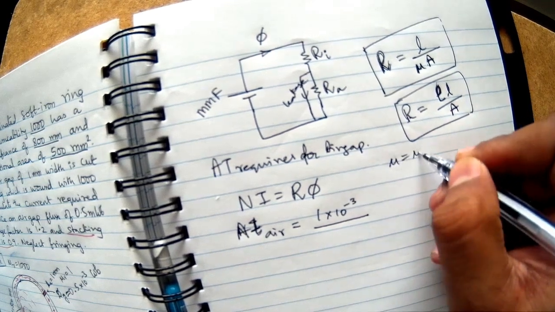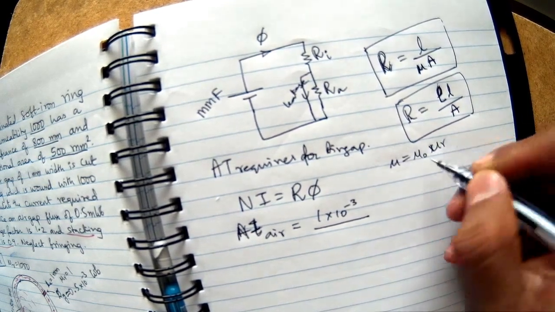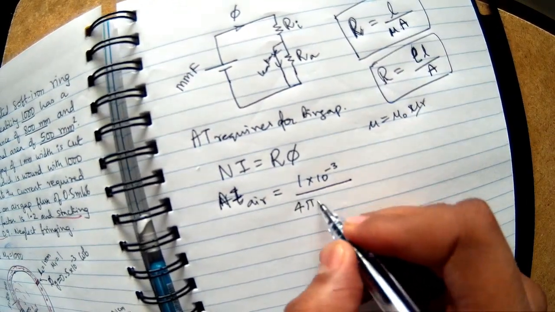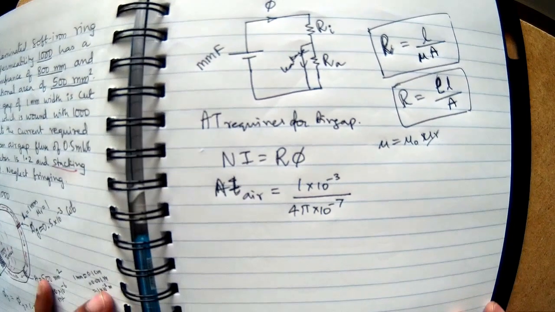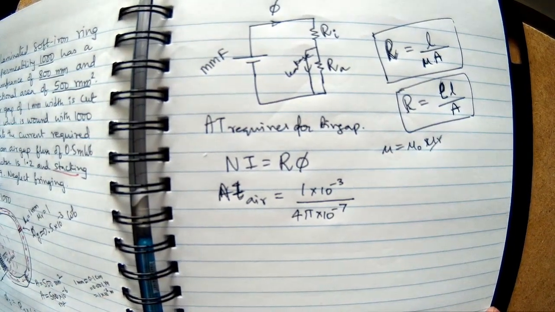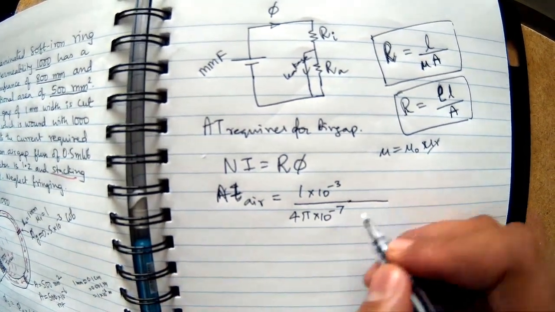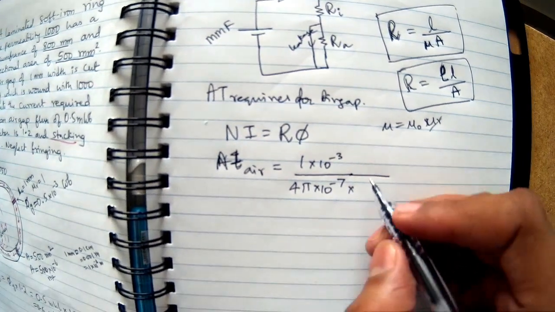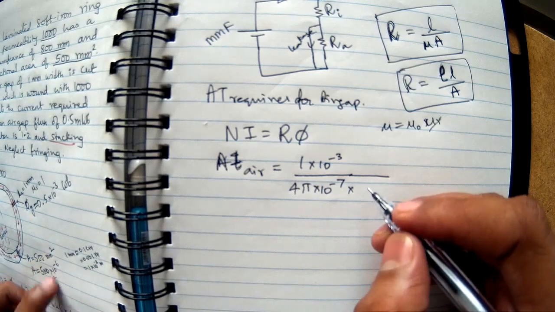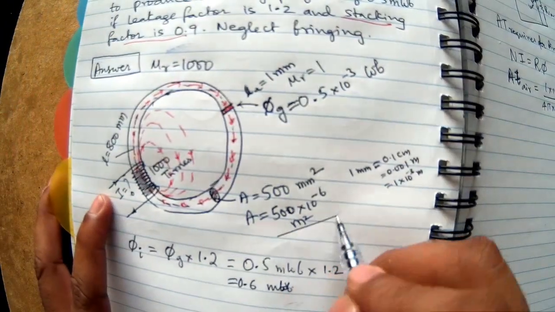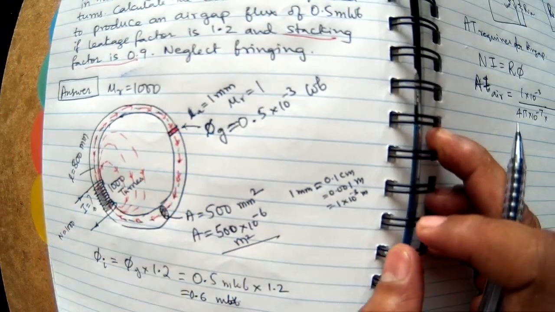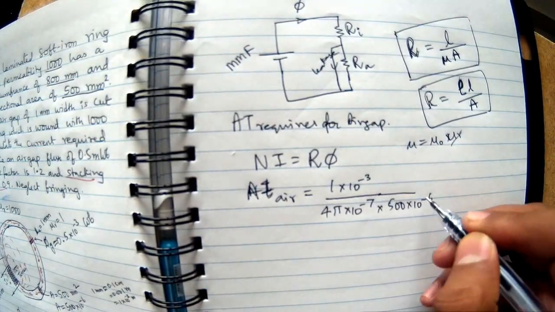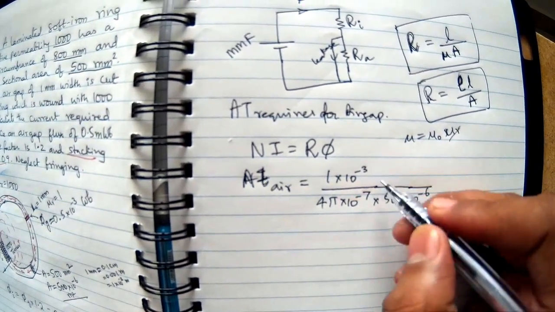Mu is nothing but mu naught into mu r, whereas for air, mu r is 1, so we just take the value of mu naught, which is 4 pi into 10 power minus 7. And then the cross section area. Here we have defined that the cross section area of the air gap is 500 into 10 power minus 6.